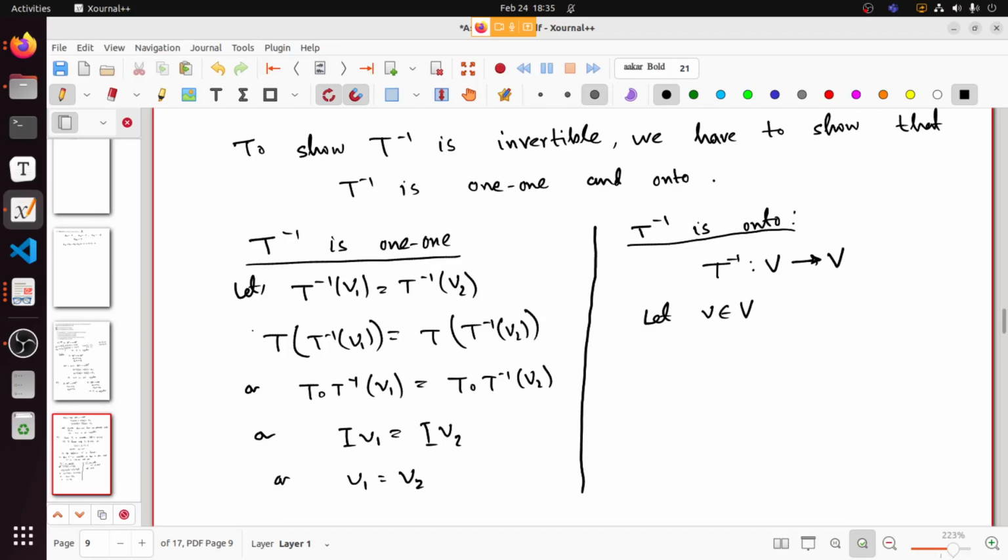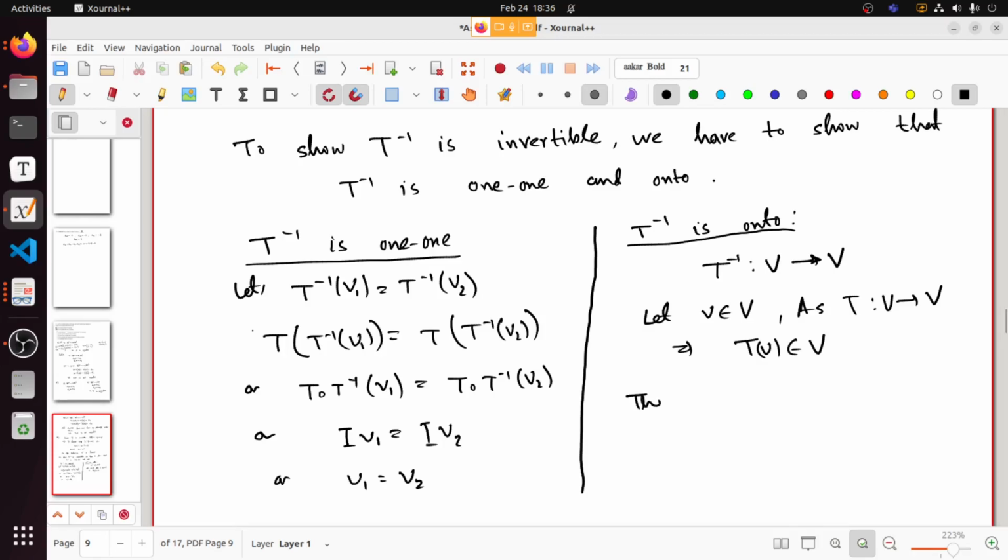We know where the map T takes B: as T is a map from B to B, T of B belongs to B. So we claim that T of B will be the pre-image of B.